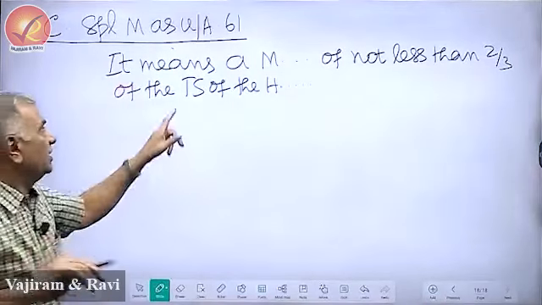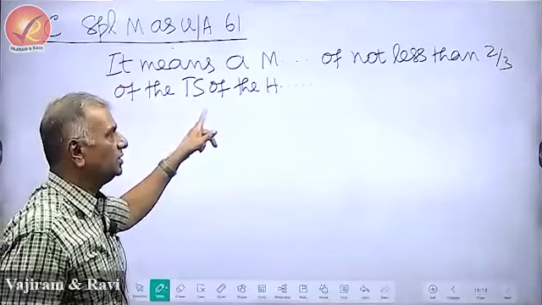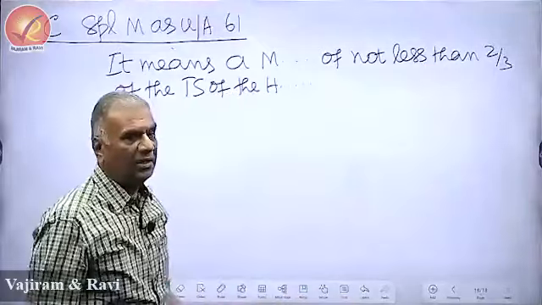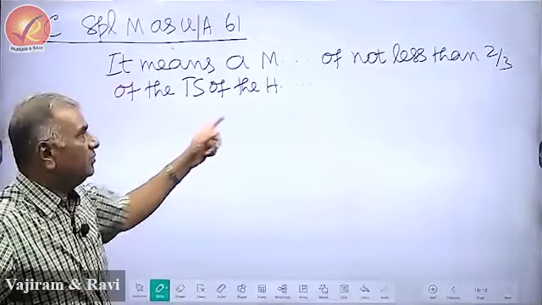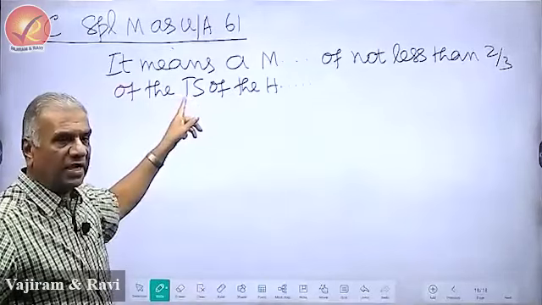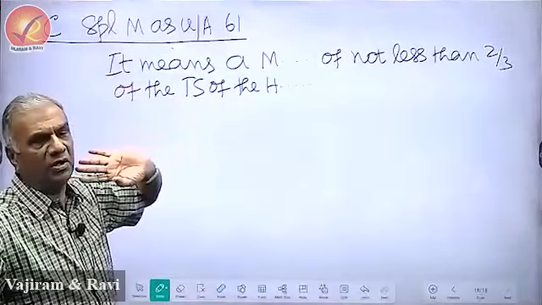Like absolute majority, it is calculated on the total strength, but with 2/3 majority. So the earlier majority we have seen was not less than 2/3 of the members present and voting, whereas here it is calculated on the total strength of the house.